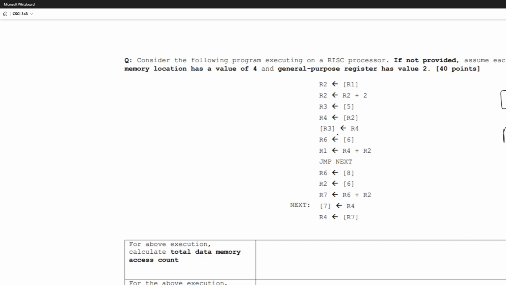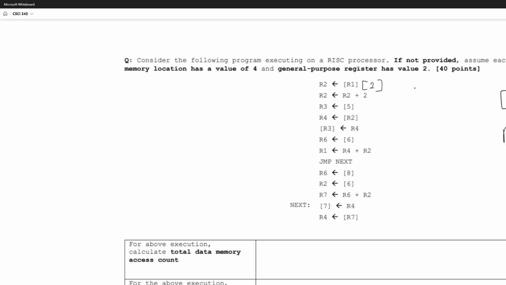Okay. We don't know what's in register 1, so we assume that this is a 2. So this is actually the equivalent of 2. So load a memory address 2 into R2. We don't know what's in memory address 2, so we assume 4.